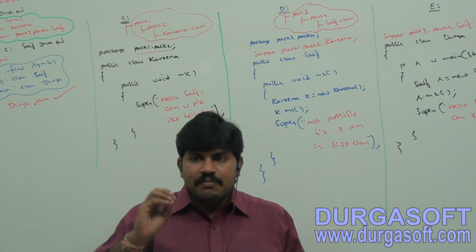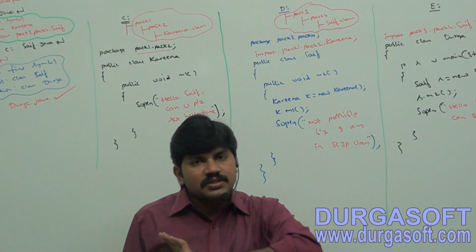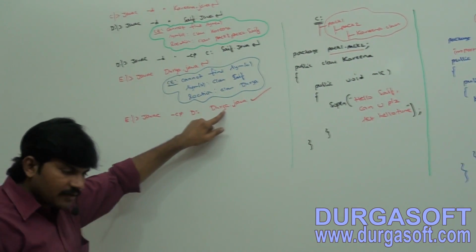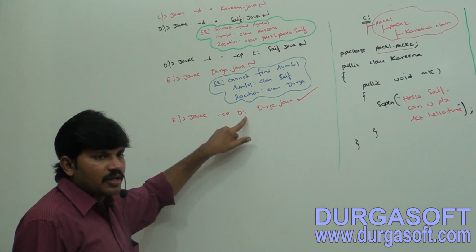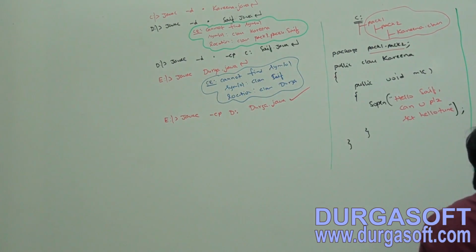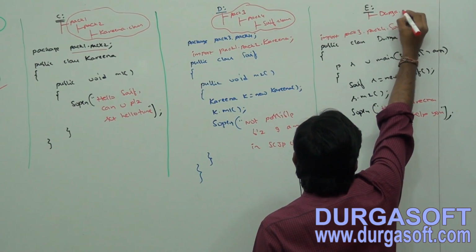Remember this point. The compiler will check how many levels of dependency? Only one level. The JVM will search all levels of dependency. That's why, sir, Durga requires Saif, and Saif is available in the D colon. That's why no problem at all. Now, the Durga.class file is generated in the E colon.